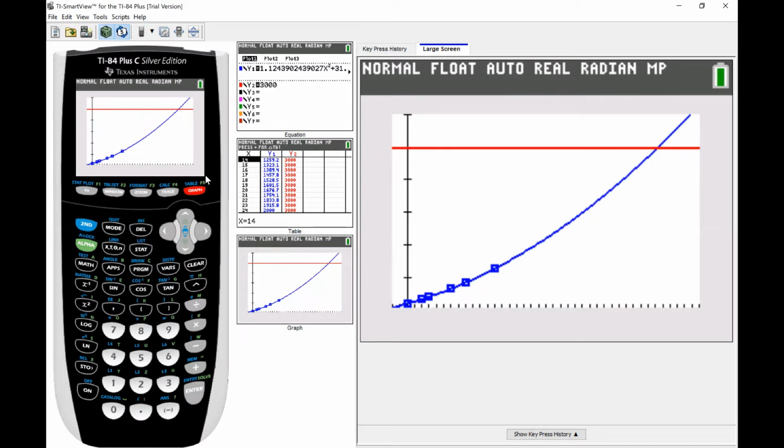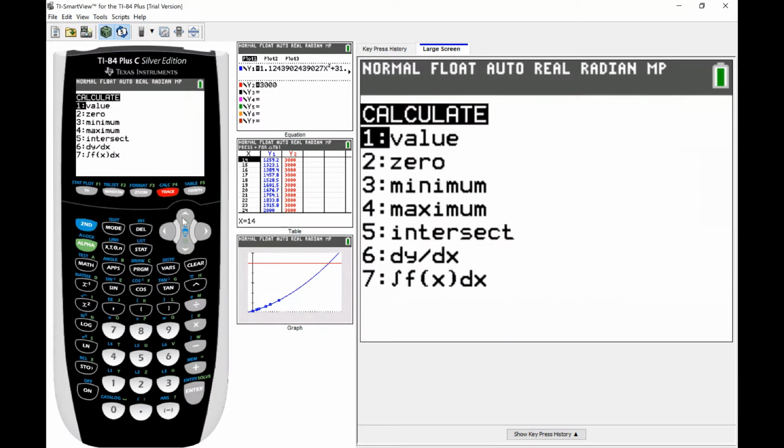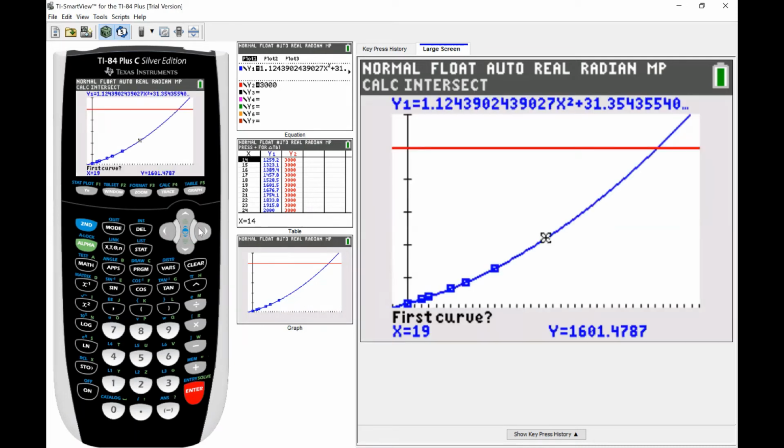Whenever we're in our graph, these top buttons up here, so second trace, that'll go to calc. And I'm going to find the point of intersection. So I'm going to scroll down to number 5, press enter, and then you can get it as close as you want to that, you can move it, but you can also just press enter 3 times. And that will tell you your point of intersection.